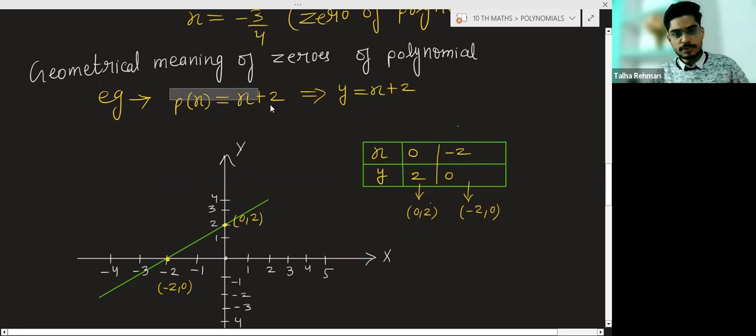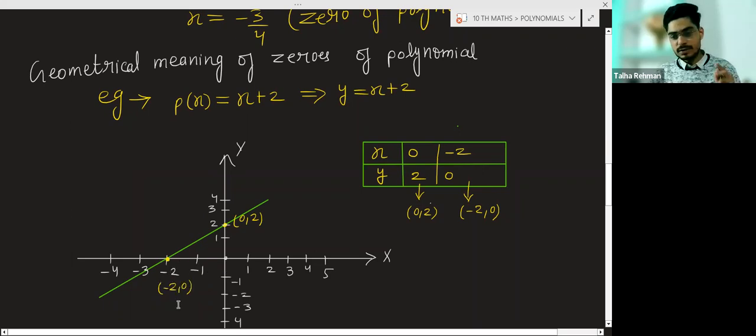Suppose this is the polynomial, linear polynomial x plus 2, and when you plot this polynomial on the graph, you will get a straight line. This straight line is intersecting the y-axis at point (0, 2). On the x-axis it is intersecting at (-2, 0). So basically this -2 will be the zero of this polynomial.